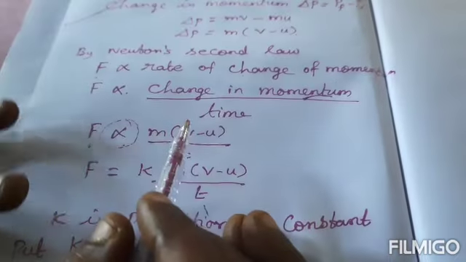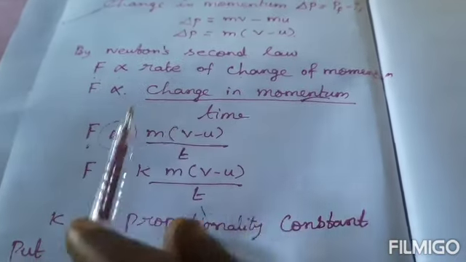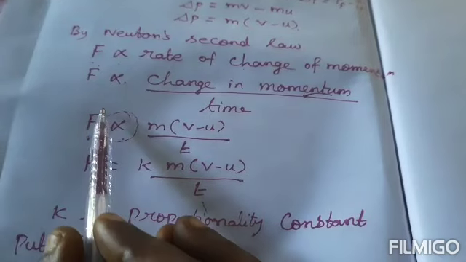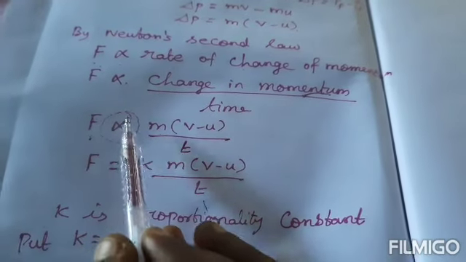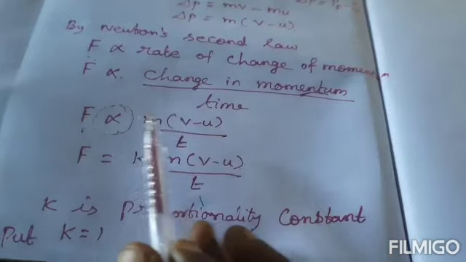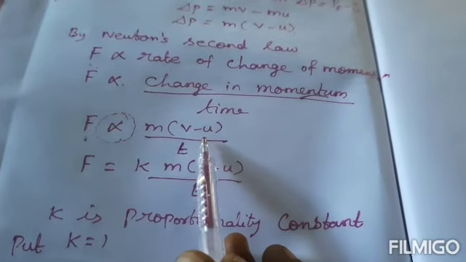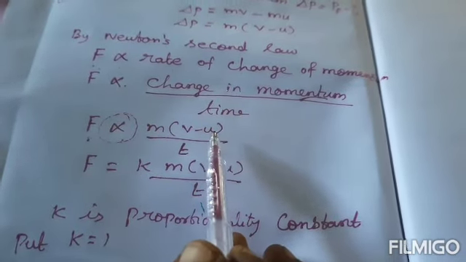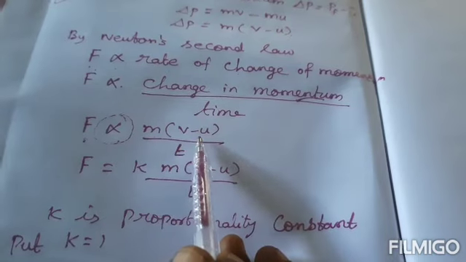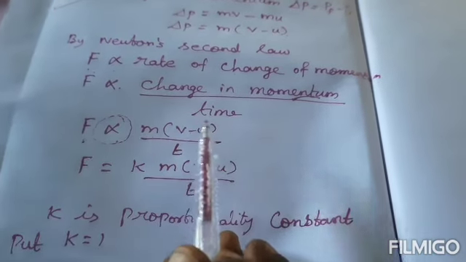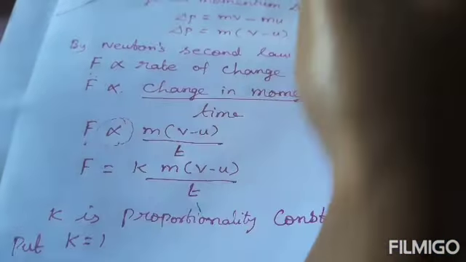So this is the definition for Newton's second law. Once again, Newton's second law definition: force acting on a body is directly proportional to the rate of change of momentum of a body, and the change in momentum takes place in the direction of force. Okay, first you have to write the definition.